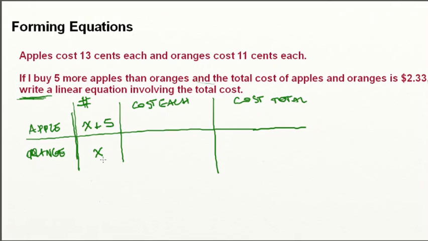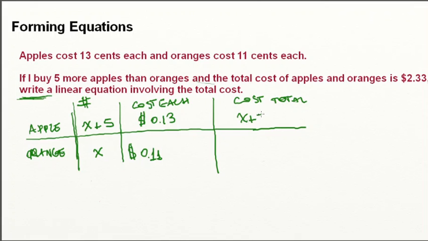The cost of each orange is 11 cents. So let's say in dollars it would be 0.11. The cost of each apple in dollars is 0.13. So the total cost of apples, we just multiply, because this is the number of apples, this is how much each of them costs.